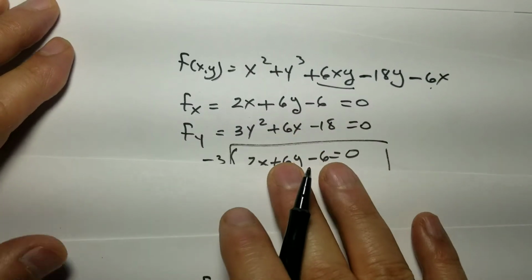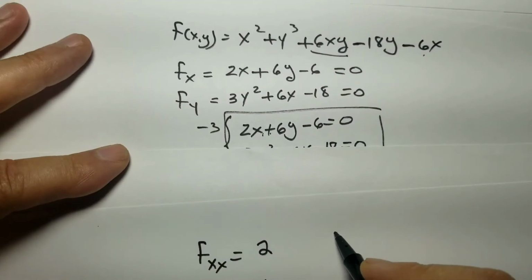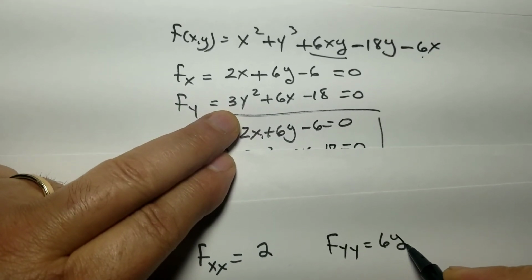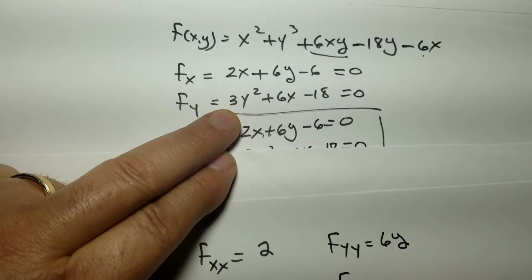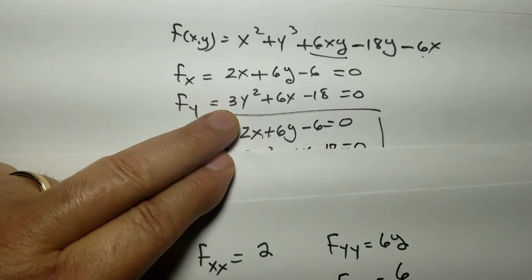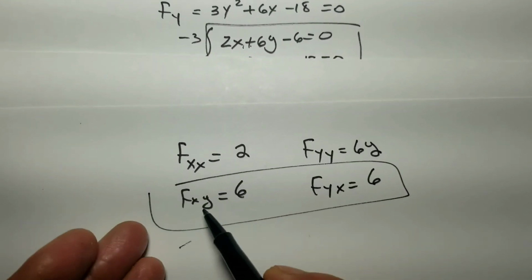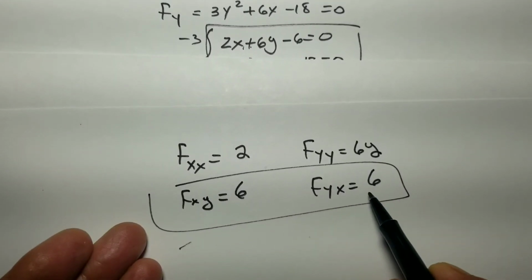What is f of yy? 6y. But what is f of yx? 6. They should be the same. If these two are not the same, you messed it up.